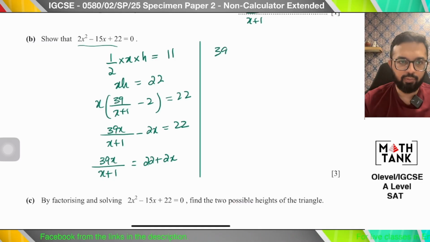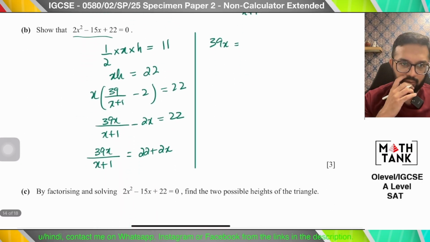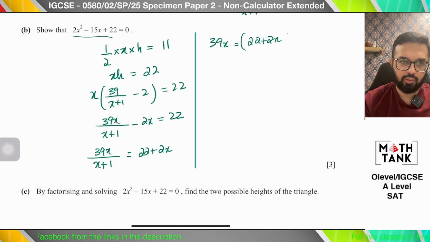Then you cross multiply. Then you expand the brackets.